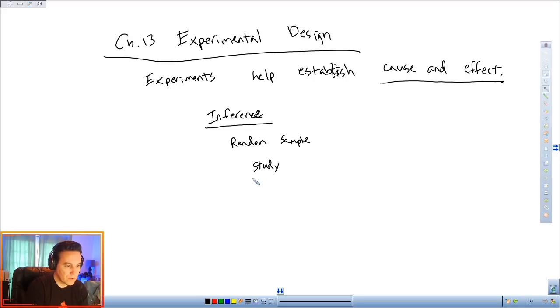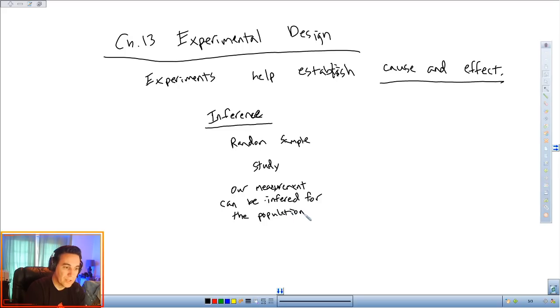didn't do any treatments, then we can assert that whatever we're measuring, it could be the number for the population, our measurement can be inferred for the population, right?